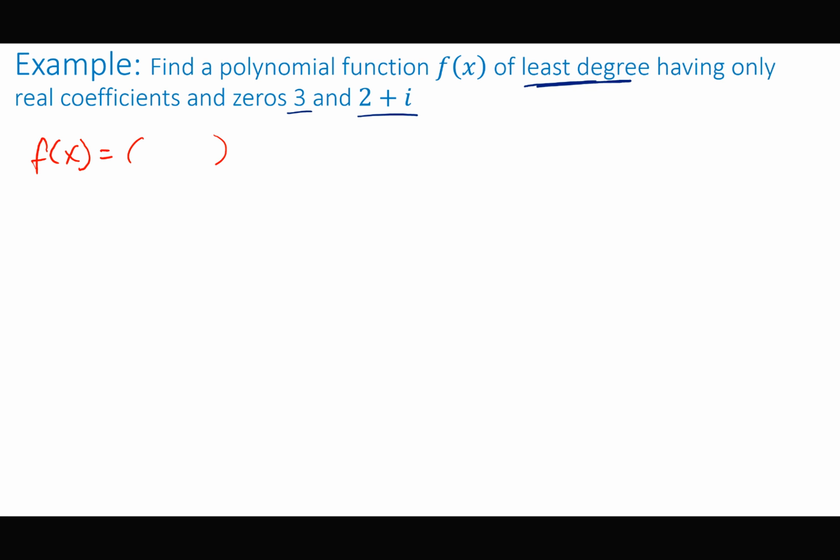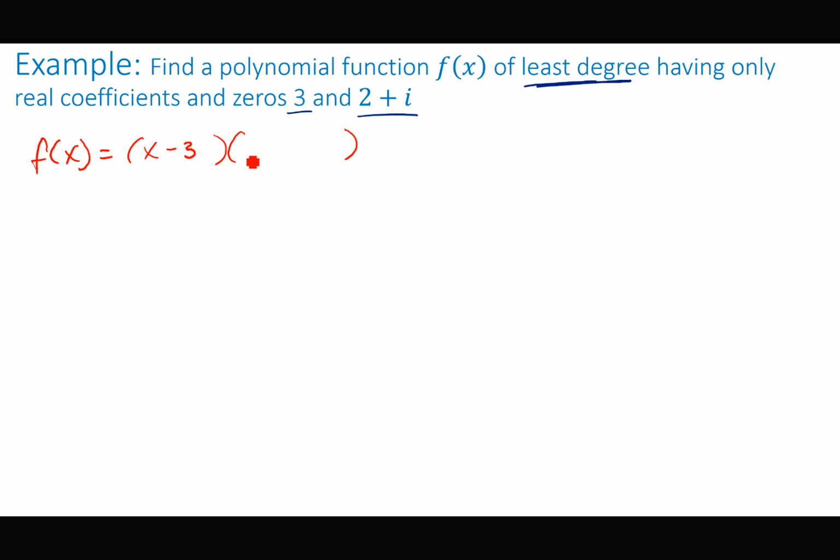If 3 is a zero, what is my binomial going to look like? x minus 3. Okay. If 2 plus i is a zero, what's that going to look like in my factored form, essentially? So this was a positive 3, and then we'd write it as x minus 3.